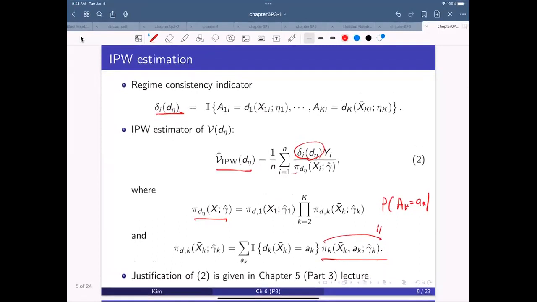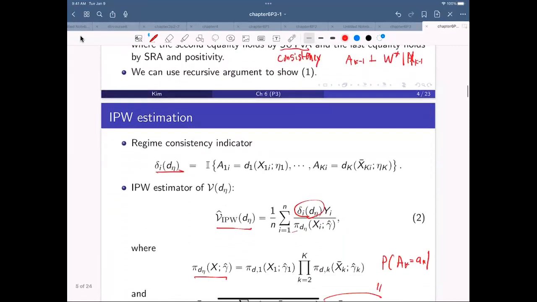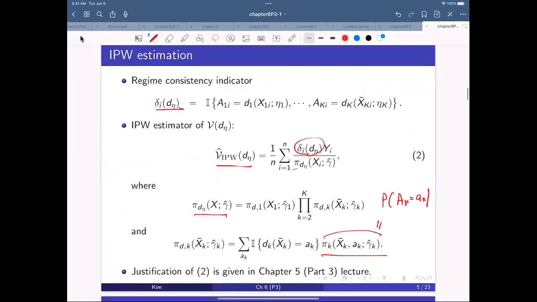K minus 1, right? Yeah, sorry. I think I kind of messed up somehow. I don't understand why, but it should be A bar k minus 1. And the other one, A bar is one, right? I see.